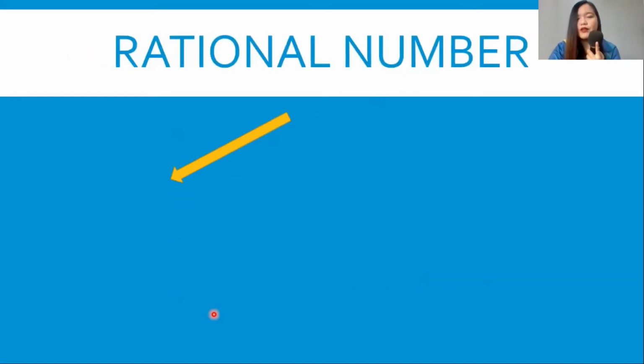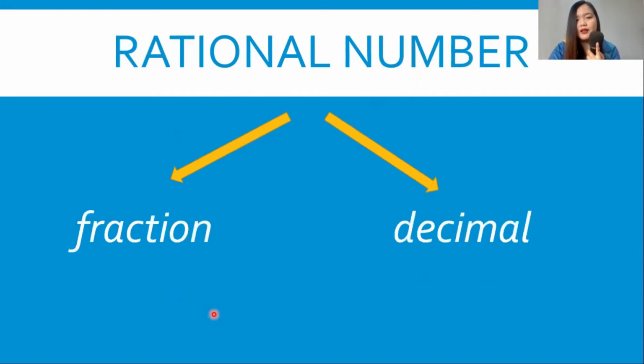Also, rational numbers can be fraction or decimal. Okay. In our previous lesson, we discussed how to change fraction to decimal and decimal to fraction. Therefore, fraction and decimal are the same rational numbers. So let's focus on the two, fraction and decimal.